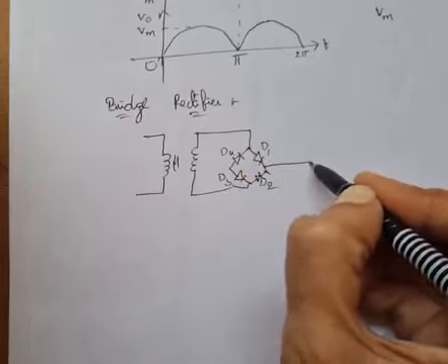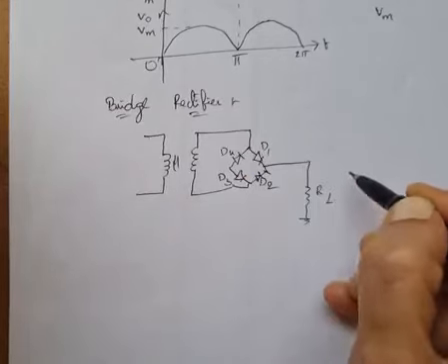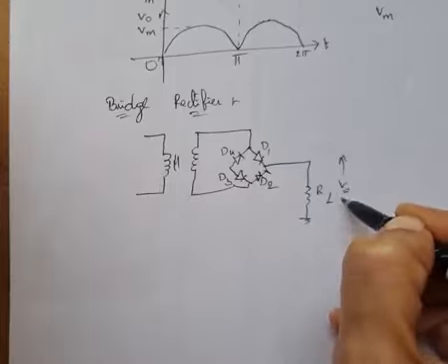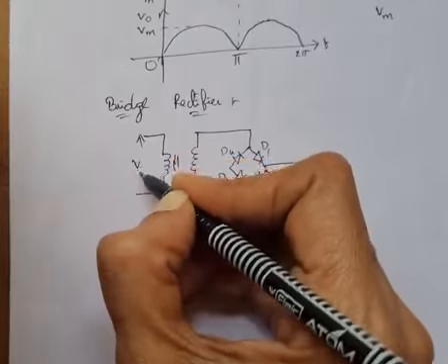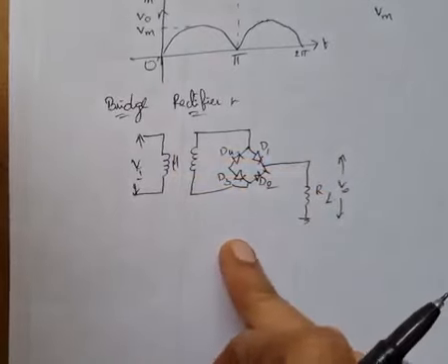Across the load RL we take V0, and across the transformer we take the VI. This is the bridge rectifier.